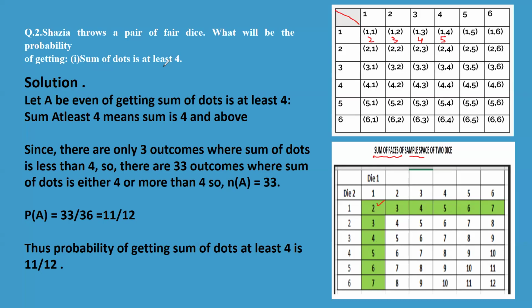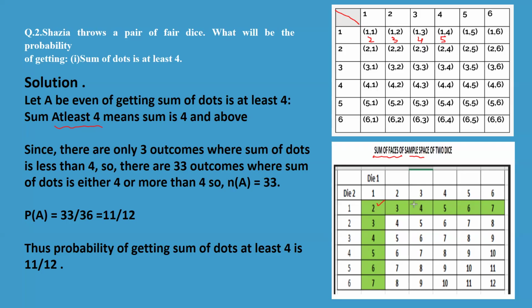Technically, we should first understand what at least 4 means. At least 4 means that the sum is 4 and above, right? At least stands for minimum, it is a lower bound. You can go from 4 and above. That is the meaning of at least 4. If you look into the table, it shows sums that are 4 and more than 4.